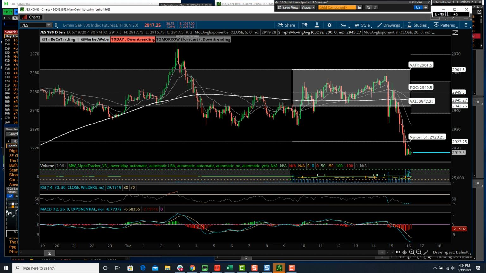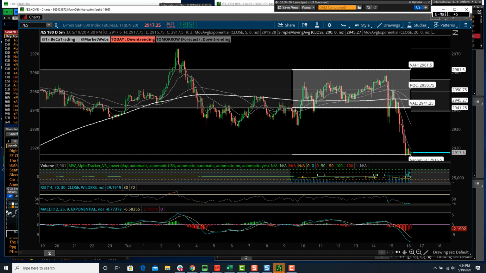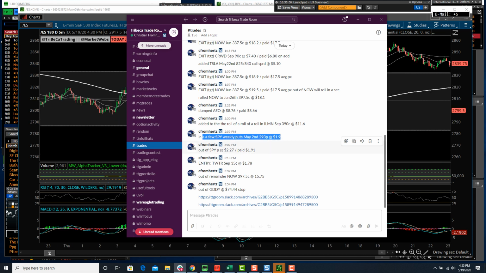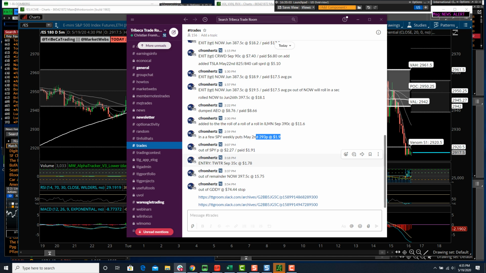So it's the same thing in trading. You want to think about doing as few steps as possible. You want to be ready to react. So I was going over that because this was something that I did right when there was news on the tape. I just bought some weekly SPY puts at $1.90, and then I was getting out of them. I actually put it in the wrong channel here.